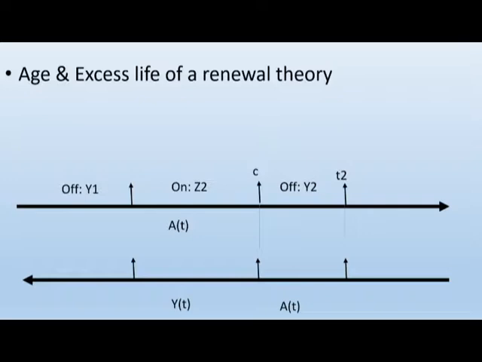And we defined the age at time t as A_t, the amount of time elapsed since the last renewal, and the excess life Y_t is the time until the next renewal.